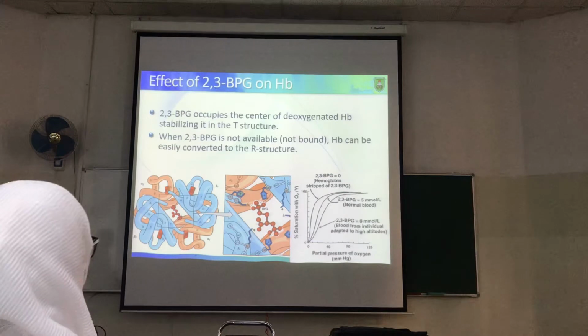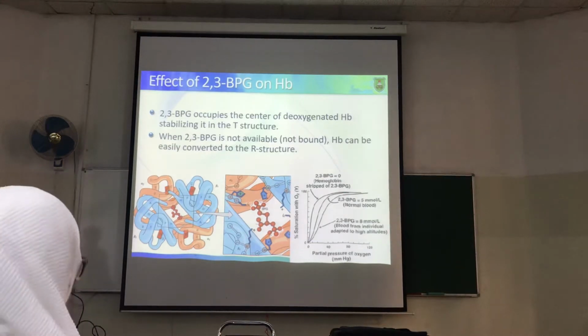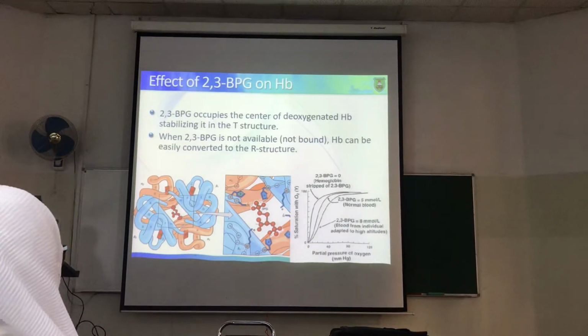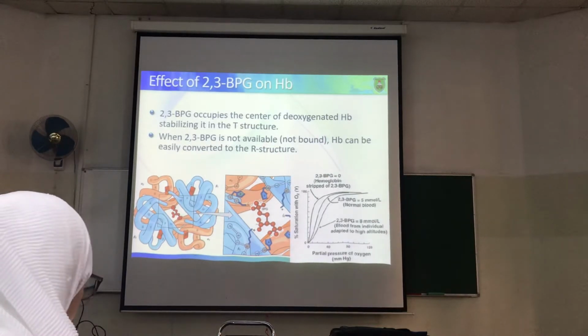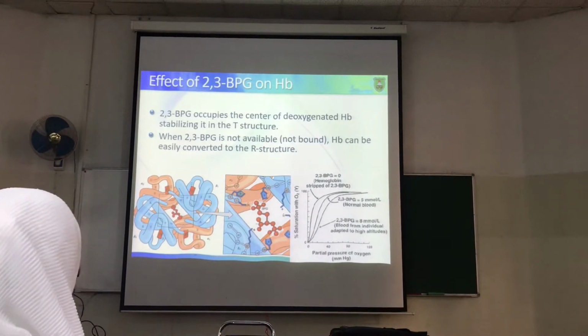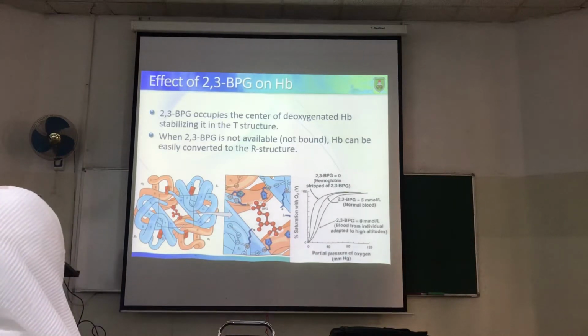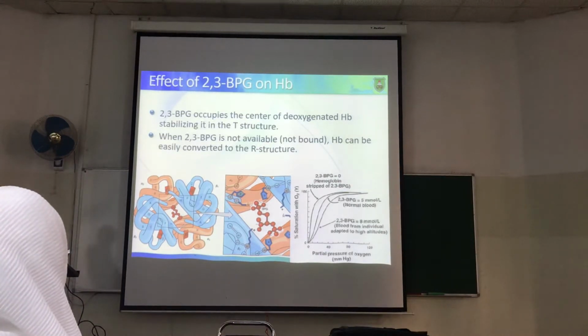Well, it sits right in the center of the molecule. And 2,3-bisphosphoglycerate has a number of negative charges, number of phosphates. And as a result, it can make interactions, several interactions with a number of amino acids.